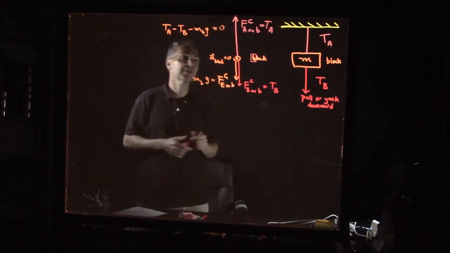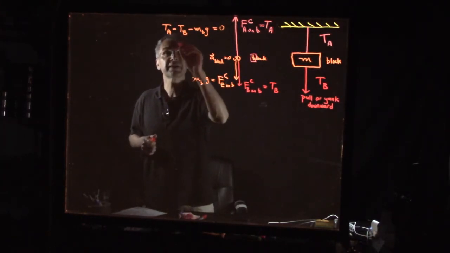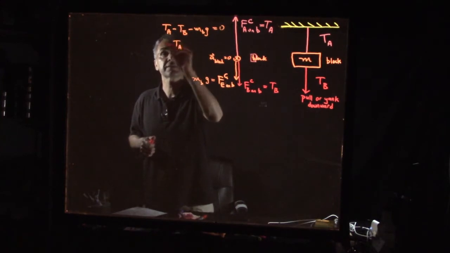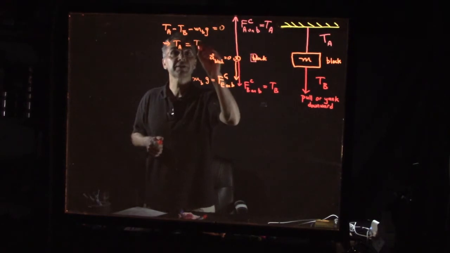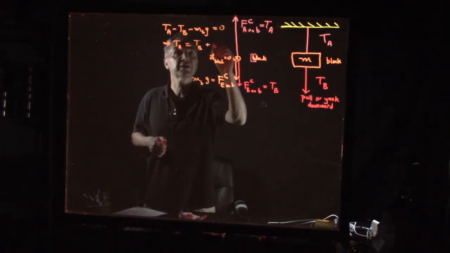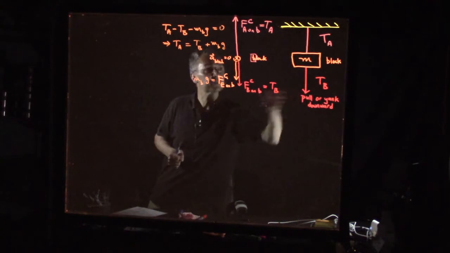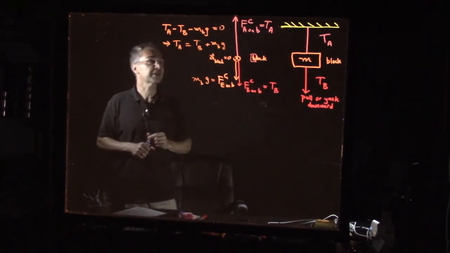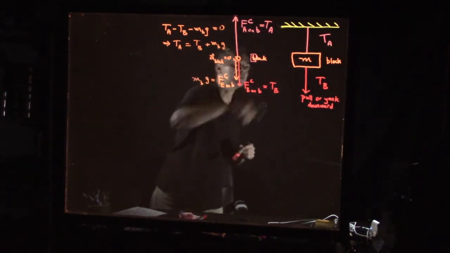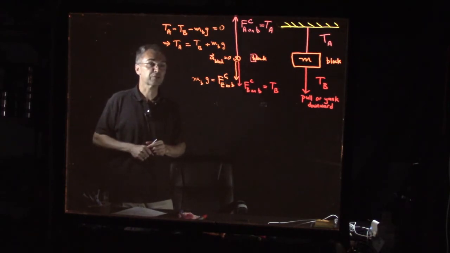It's 0 because the acceleration of the block is 0. So that implies that TA equals TB plus the weight of the block. So TA is always bigger than TB. If I pull slowly enough that the acceleration of the block is negligible, then the tension in the upper string is always mg bigger than the tension in the lower string, so the upper string has to break first.